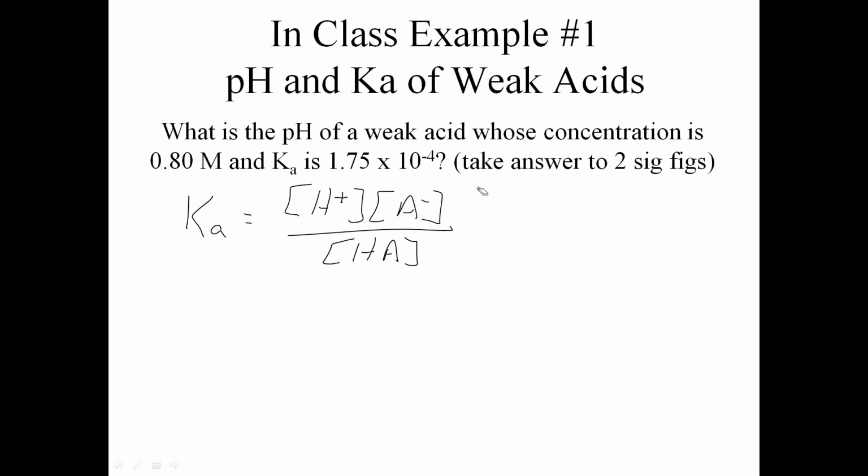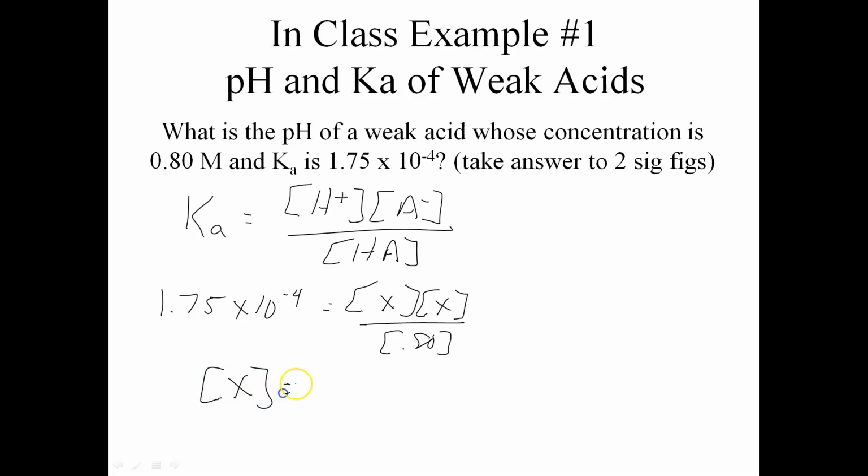So our Ka was 1.75 times 10 to the negative fourth equals X times X over 0.80. Rearrange, simple algebra, solve for X. Concentration of X is going to be equal to 0.012 molar, which, if you look back on the previous slide, is the concentration of H plus. That's what we want to know here.